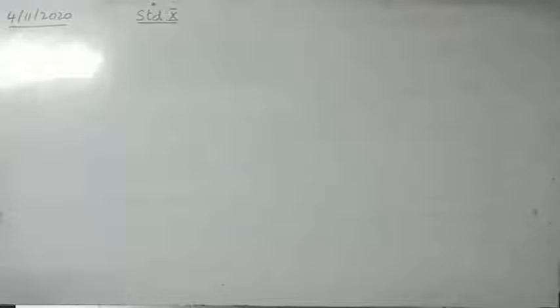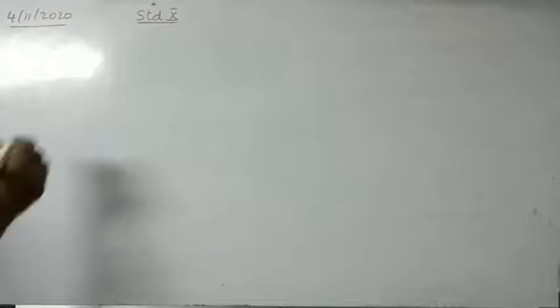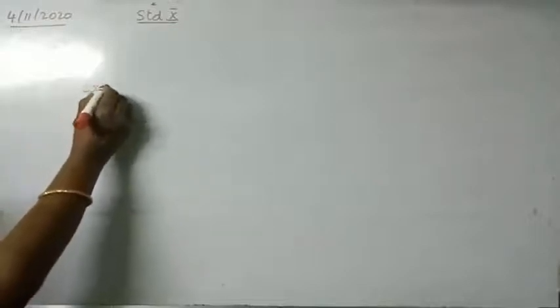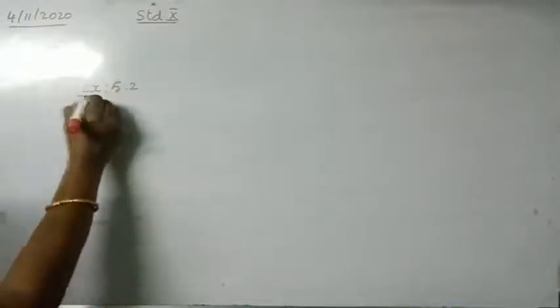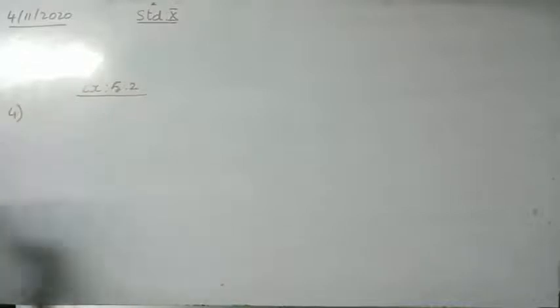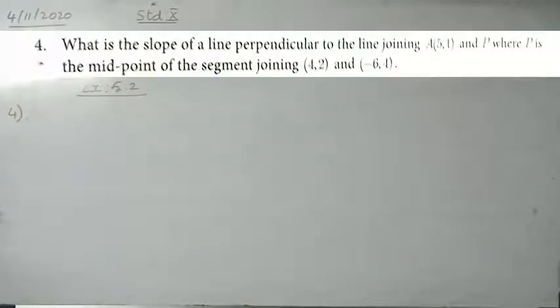Now let us go for exercise problems. Now exercise 5.2, fourth question. What is the slope of a line perpendicular to the line joining A of 5,1 and P, where P is the midpoint of the line segment joining 4,2 and minus 6,4. So now let me draw a diagram.